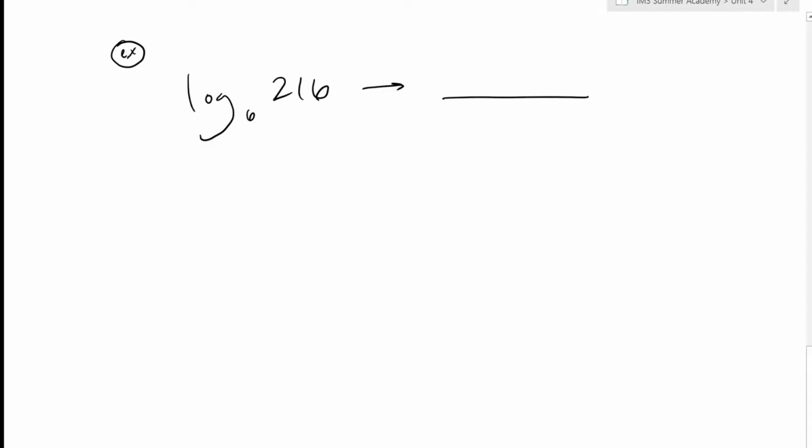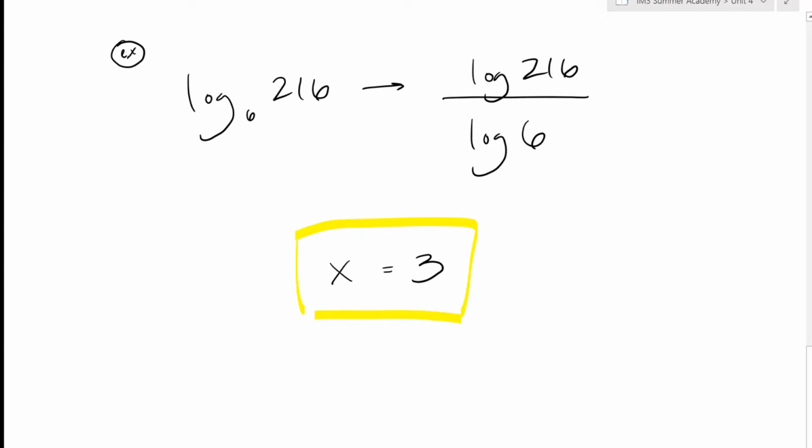We can change that to base 10 by writing it with log 216 on top, log 6 on bottom. So in the end, throwing that on the calculator, log 216 divided by log 6. Ooh, that came out nicely. That was a 3. So sometimes the numbers do work out. Sometimes it's not so big a deal.